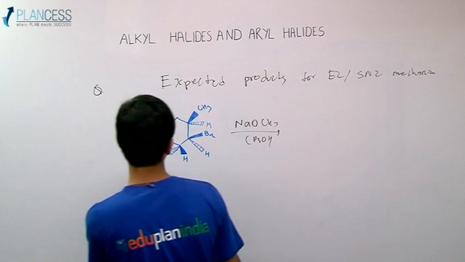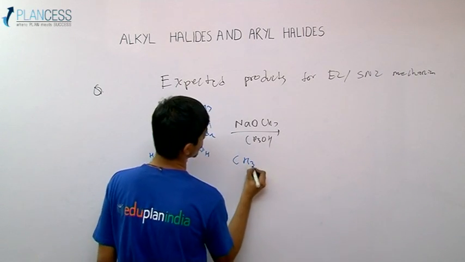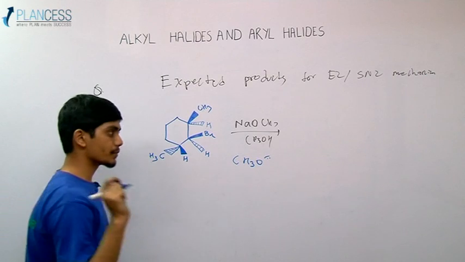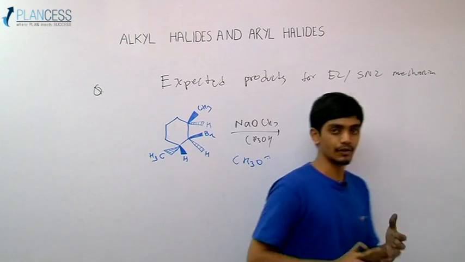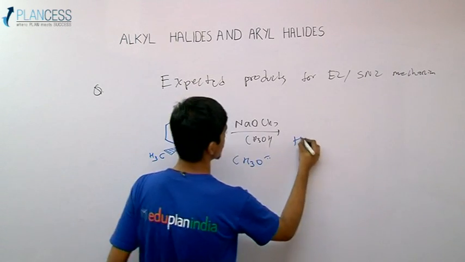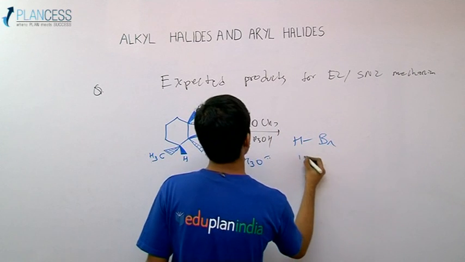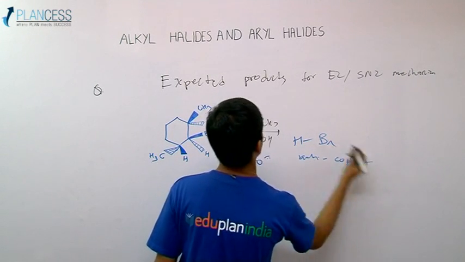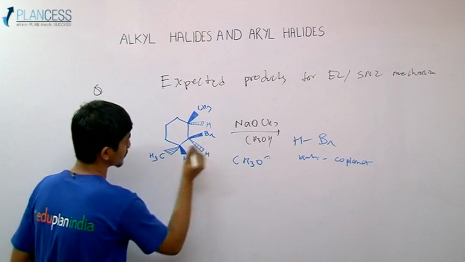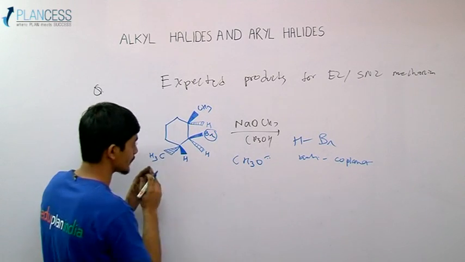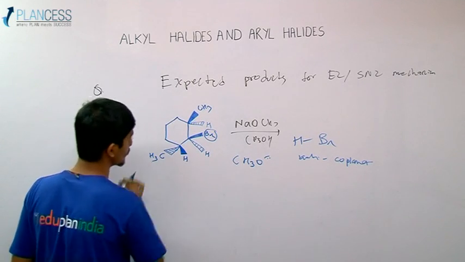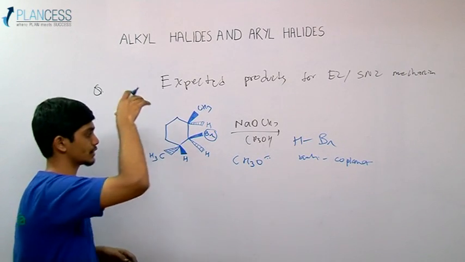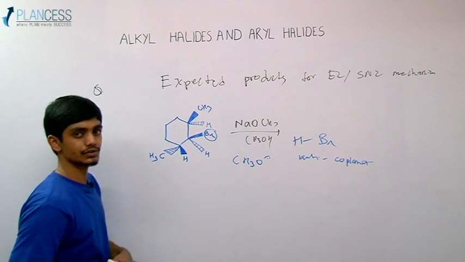Now, what is the base over here? The base is CH3O-. And the most important part is that both hydrogen and Br should be anti-coplanar. Clearly, if this is the Br which is away from us, this hydrogen and this Br are on the same side, you see this hydrogen is on the top and this Br also is on the top.